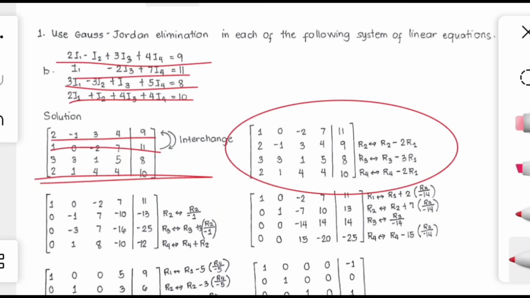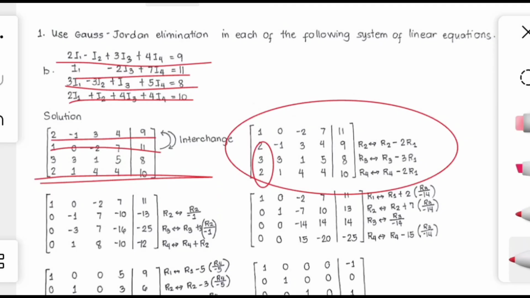And for us to establish column 1 in rows 2, 3, and 4 to be 0, we have here the 2, 3, 2. So for row 2, we have to subtract: row 2 minus 2 row 1. For that, we can establish the 2 to be 0.